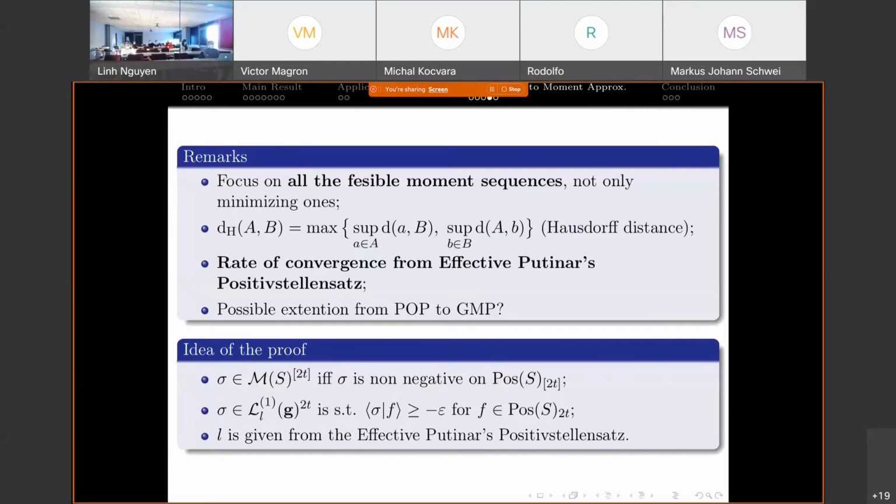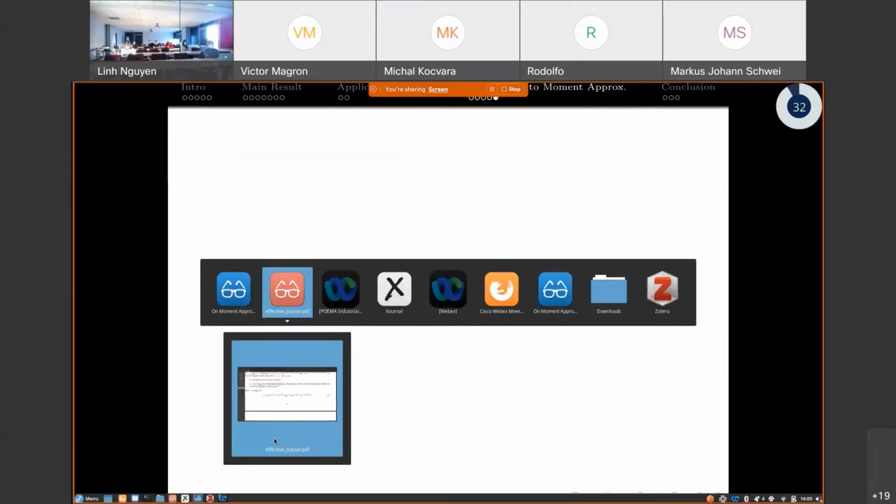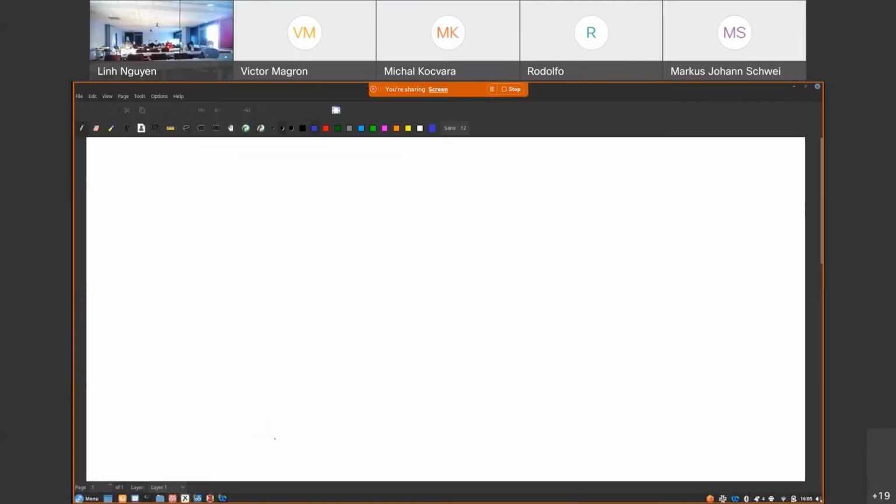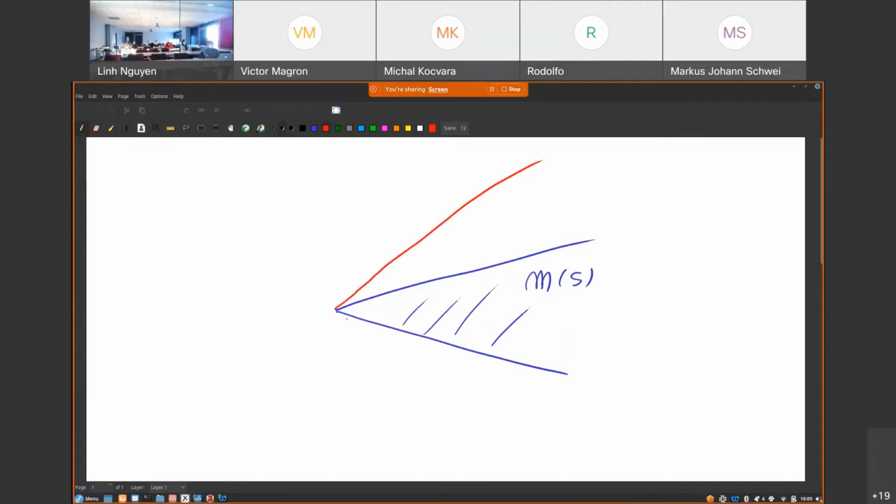And now I just want to conclude with a drawing, to explain quickly what we did, which I think can be interesting. You can consider the cone of Borel measures. And what we have in polynomial optimization is our outer approximation, so we have L, let's say.